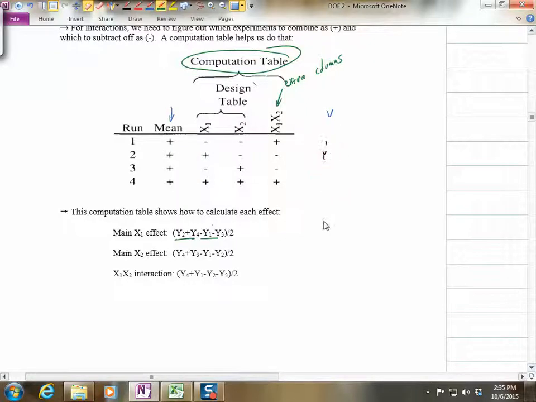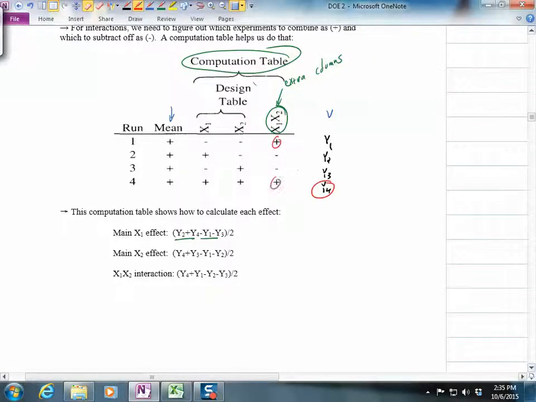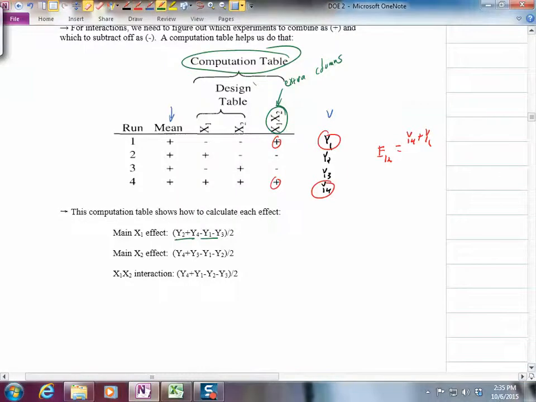And now, when we want to calculate this interaction, I'll have to rewrite these things. We just say, okay, we find where the high values are. So the 1-2 interaction would be y4 plus y1. And then here are the low values. We're going to subtract those off. Minus y2 minus y3 over 2.